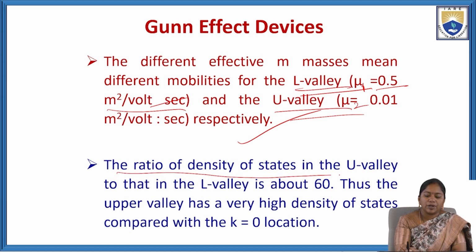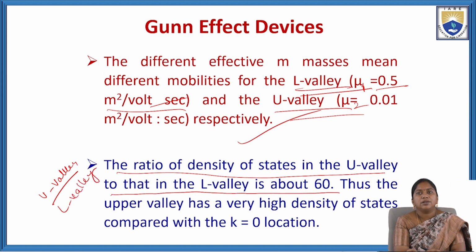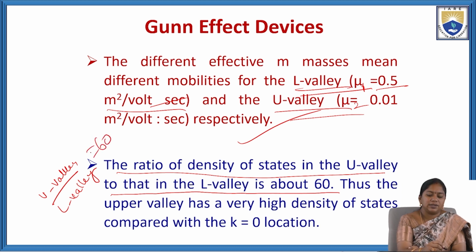So the ratio of the density of states in the U valley to that in the L valley is about 60.